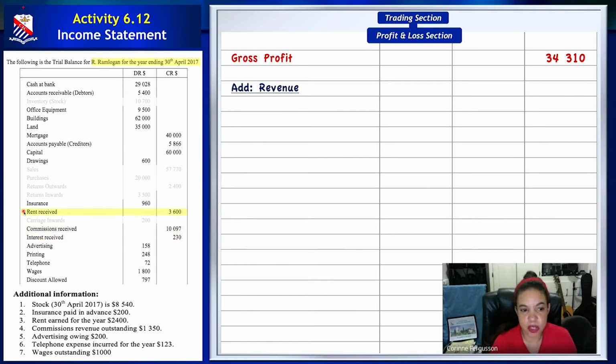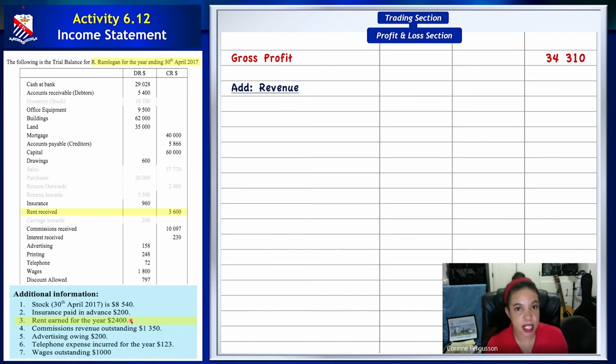So we're going to start with rent received, and you're checking your notes down below, because you have to check for accruals and prepayments. You can't just put the 3,600. So you check rent received, anything for rent received. How do we know this is rent received? Because of the earned. Rent earned will obviously be revenue. So you see that we have a note here, but once again, like with the previous activity, in this case, this note did not give you the accrual or prepayment.